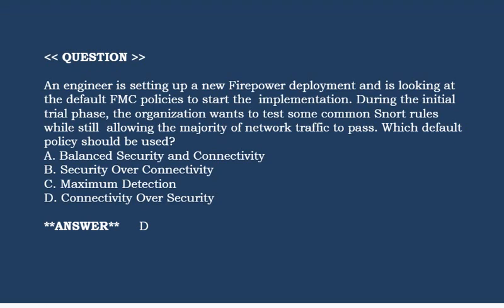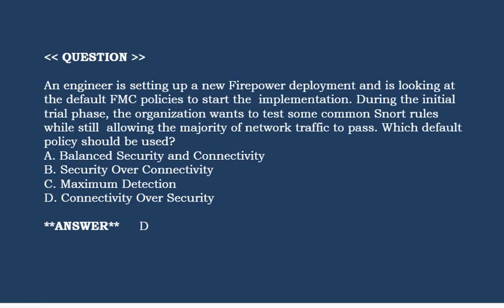Next question is: an engineer is setting up a new Firepower deployment and is looking at the default FMC policies to start the implementation. During the initial trial phase, the organization wants to test some common Snort rules while still allowing the majority of network traffic to pass.